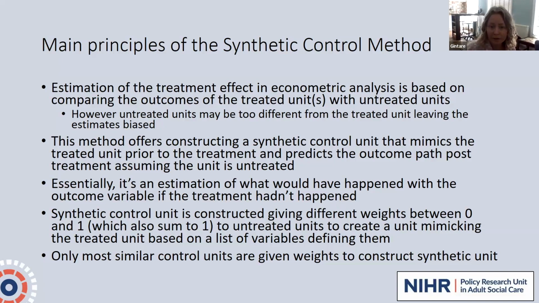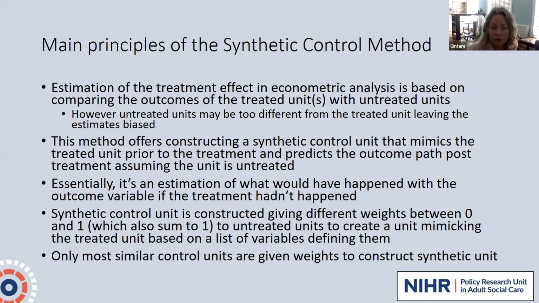This way, the synthetic control unit mimics the treated unit prior to the treatment and then predicts what would have happened with the outcome post-treatment, assuming the treatment has not happened. So essentially, it's an estimation of what would have happened with the outcome variable in the absence of the treatment.